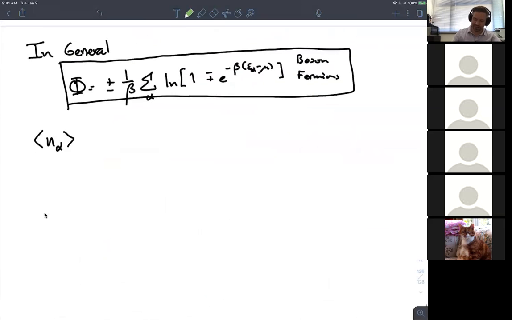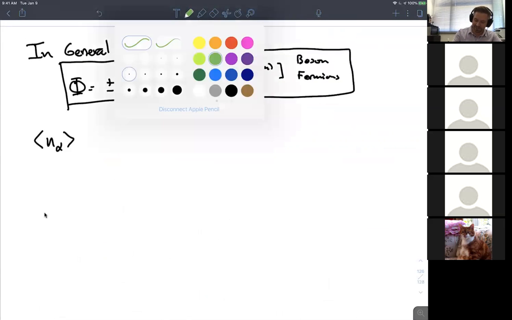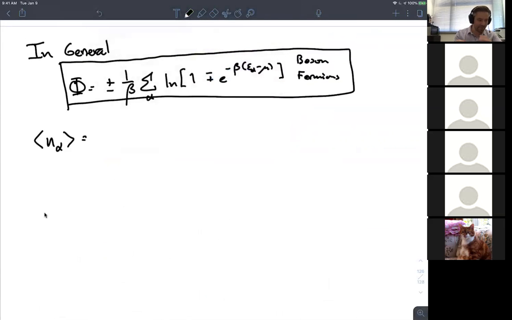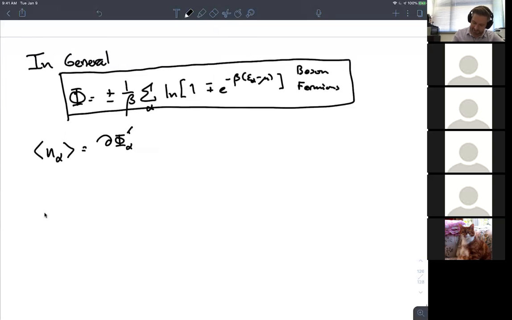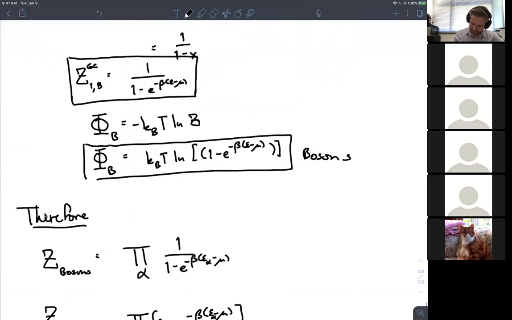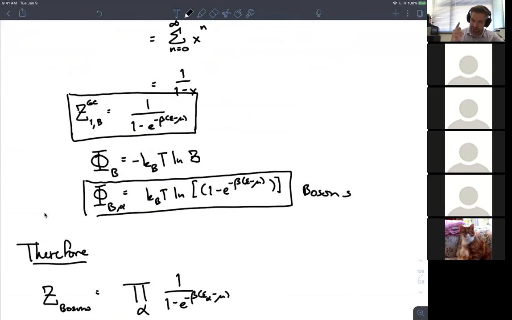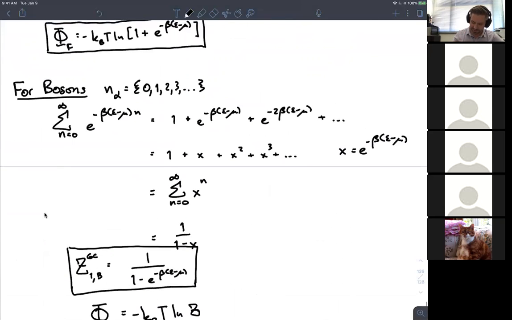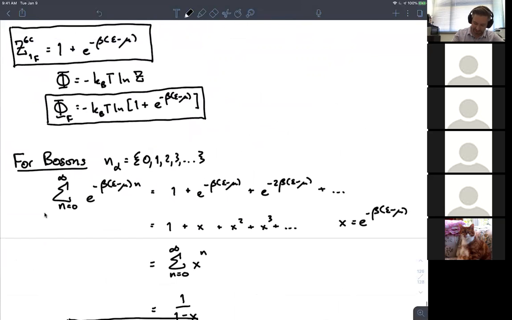We come back down to our free energy, and we take the derivative of our single energy level partition or free energy, this phi alpha right here.